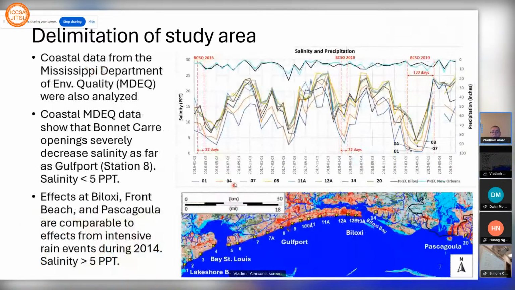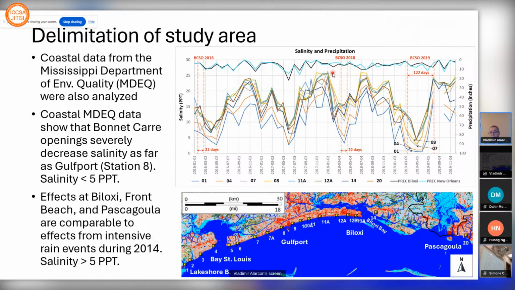So if we take a look at data from coastal water quality stations, we can also see that effect. For example, this is the 2016 spillway opening, and in coastal stations along the Mississippi Gulf Coast, we see a decrease in salinity that goes until later in the year.